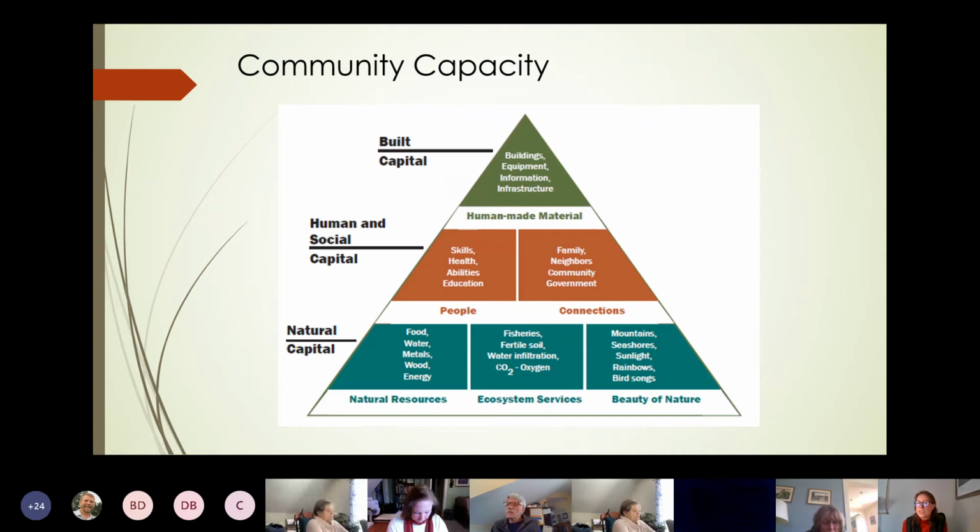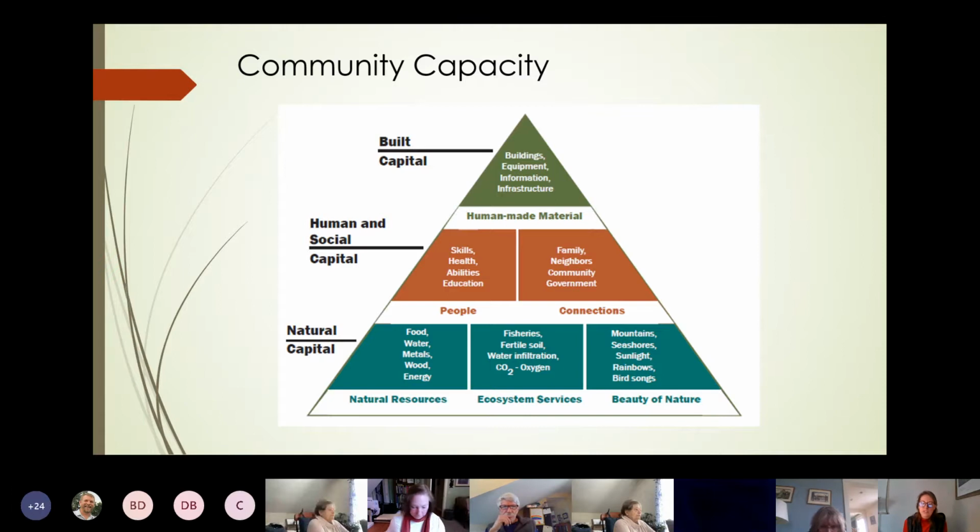But it's important as you consider work around climate, around any of those buckets that I identified, to think about the type of capital that exists in your communities, whether that be natural capital, human and social capital, or built capital. So this community capital pyramid is really a reminder that the human and social capital, and the work that you all do to create that, is really the glue between the natural capital you have and the built environment capital of your communities.